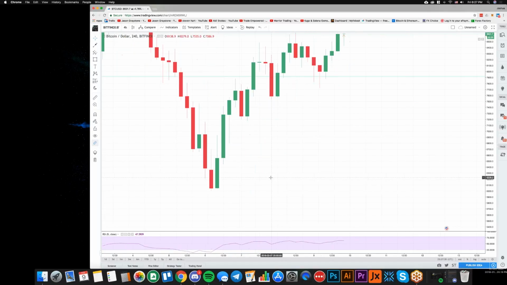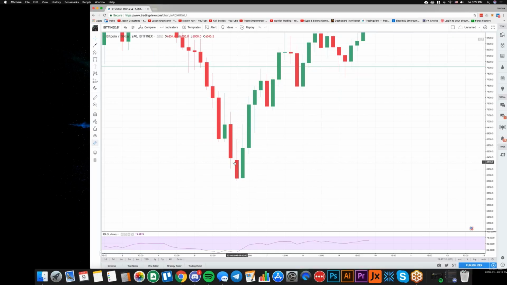You can see that the wick of this 4 hour candle is really high on the top and really low on the bottom, which indicates to me that the buyers were trying to take control in this area because the price drove up this high, but the sellers, the bears of the market, were pushing it down.